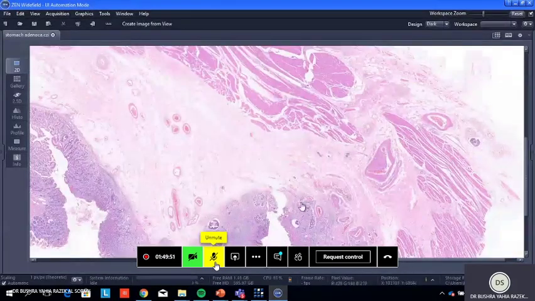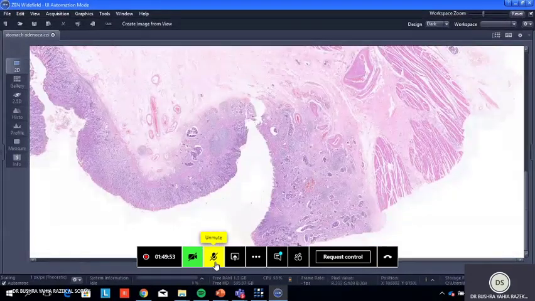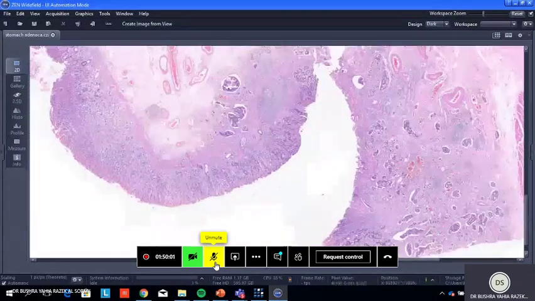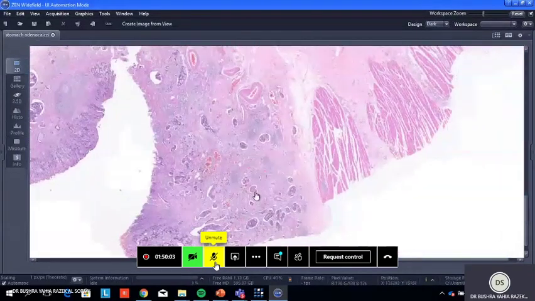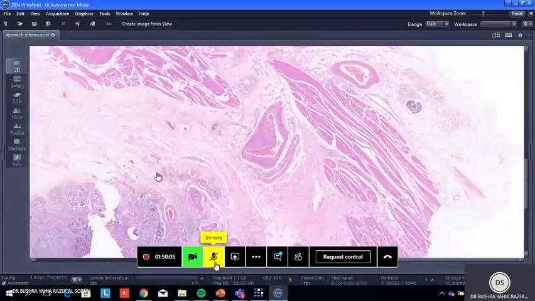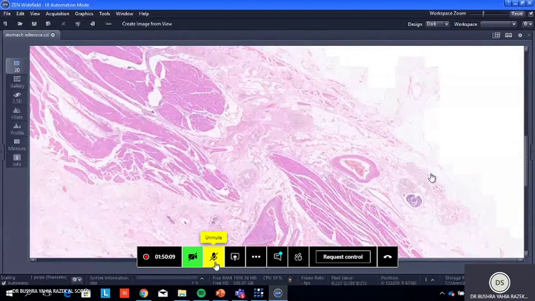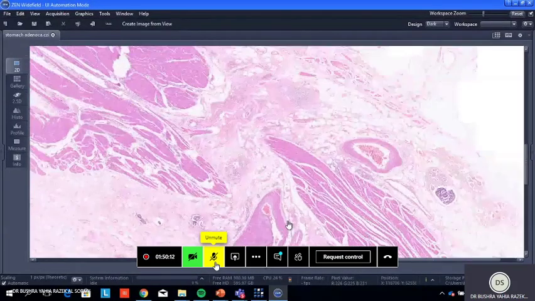Can you see the malignant gland is invading the mucosa, submucosa, muscle layer, muscularis propria, and serosa?